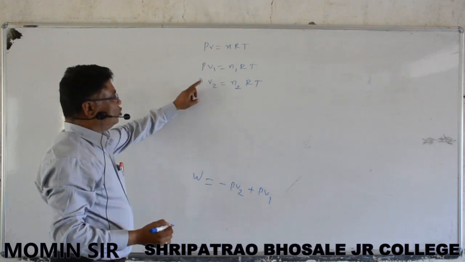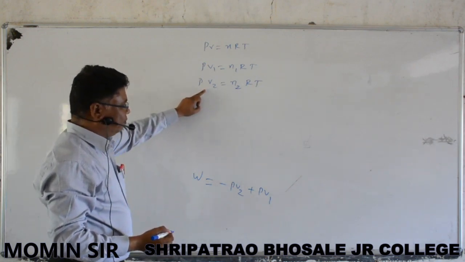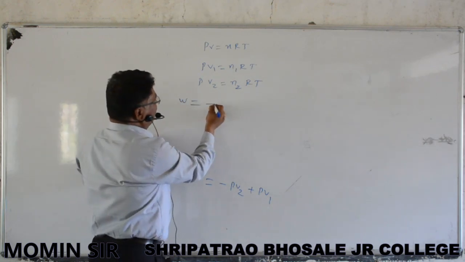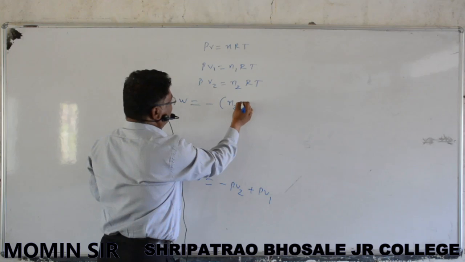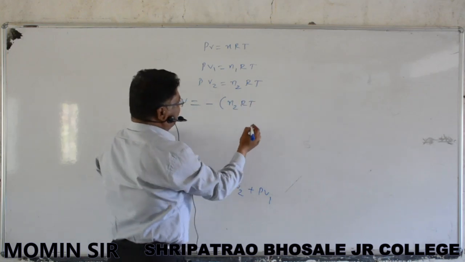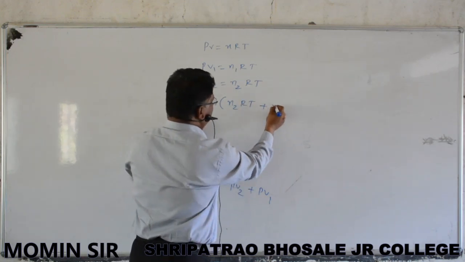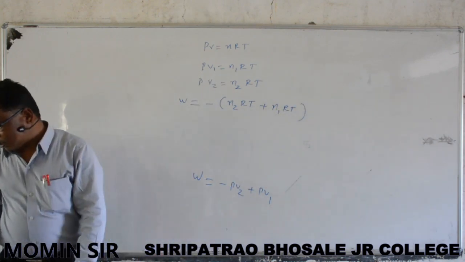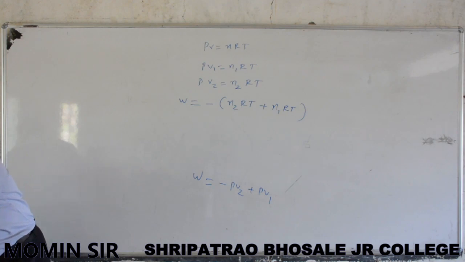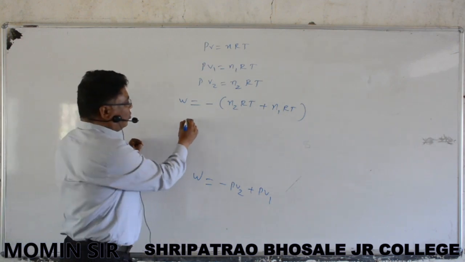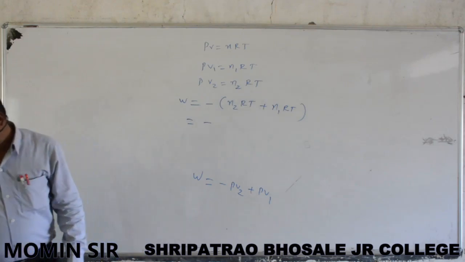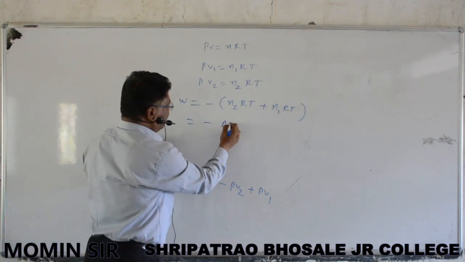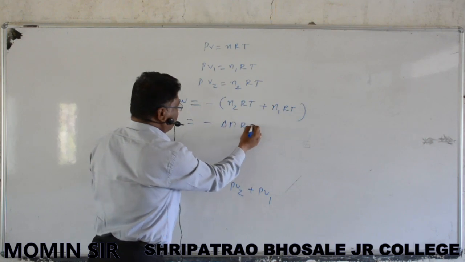Now when we substitute these values of PV1 and PV2 in this equation, we get W is equal to minus N2RT plus N1RT, that is equal to minus (N2 minus N1), that is equal to delta N. Here RT is common.